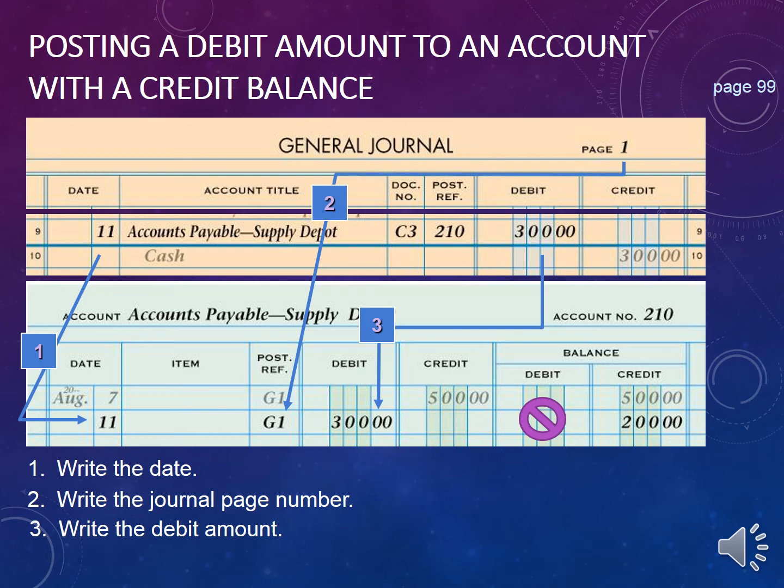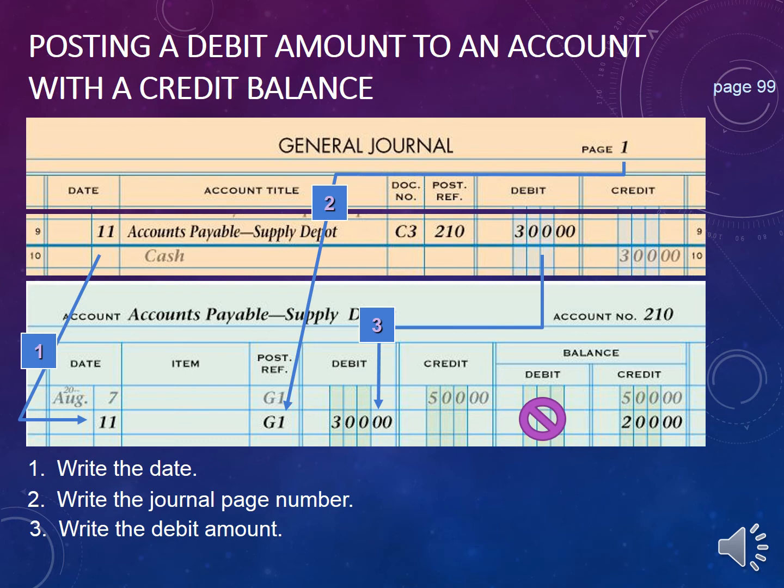The last step is to determine our new credit balance. Since we have a debit, we are going to subtract the $300 payment from the $500 credit, which gives us a new balance of $200 credit.